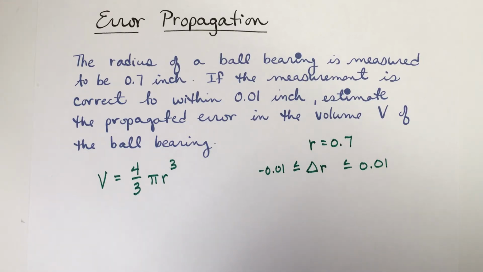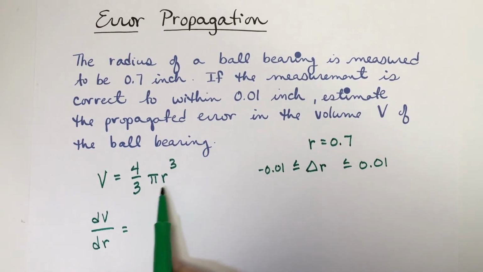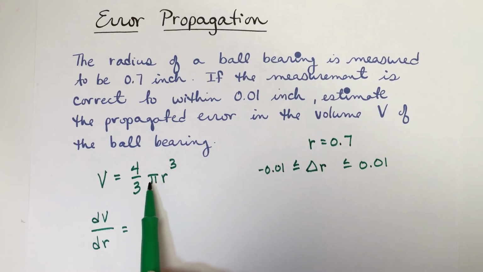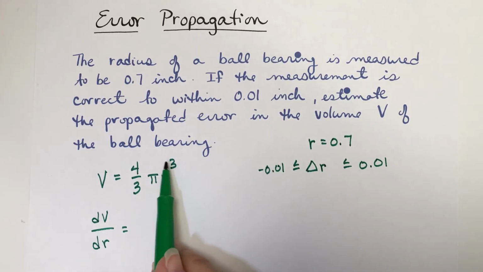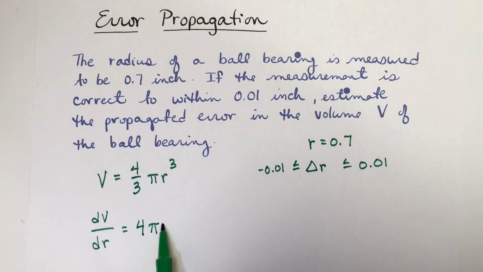Now, you need your derivative. Of course, you can do v prime or dv dr, because we are doing this with respect to r. So this is just your power rule. Your 4/3 pi is just a constant. So you're going to use your power rule, but if you do the 3 times the 4/3, you're just going to end up with 4 pi, and then you reduce your power by 1.